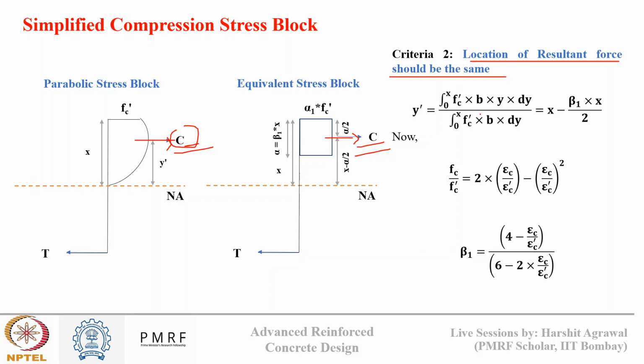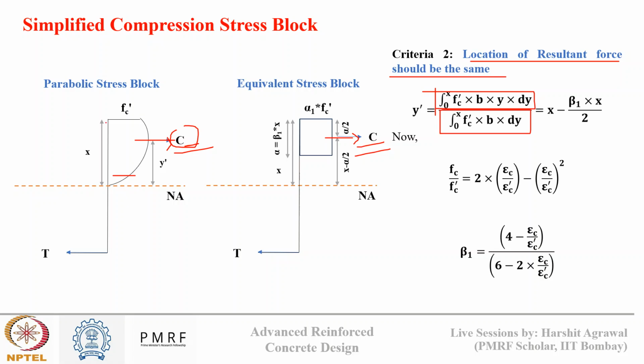How can we find the location? We can find the location by dividing the moment offered by the forces by the entire force. Summation of moment offered by different parts of the forces divided by the summation of force. Okay, so for this, again with an integral, we can find the moment.